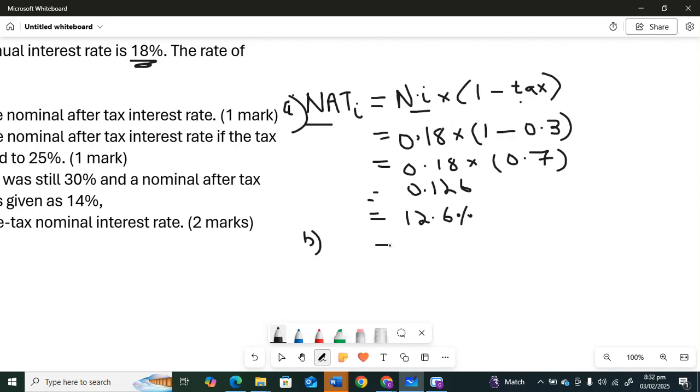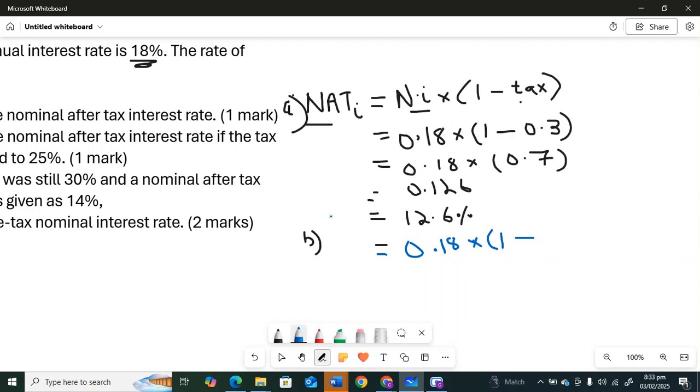Okay, so in this case, our nominal interest rate stays at 18%. So we convert it into a decimal. We say 0.18. That's our nominal interest rate without tax, multiplied by 1 minus the tax rate.